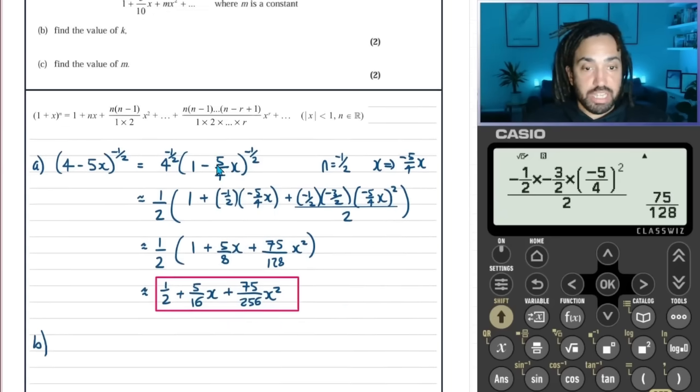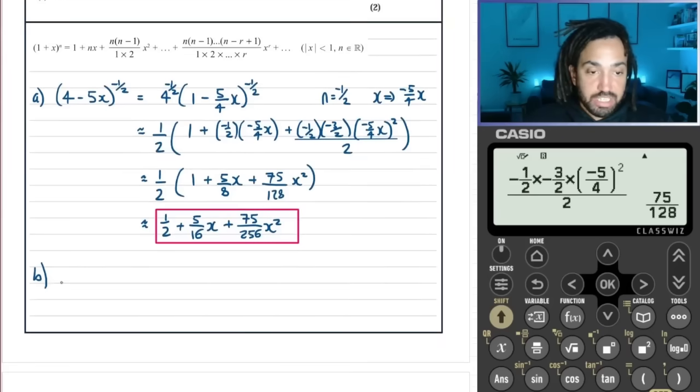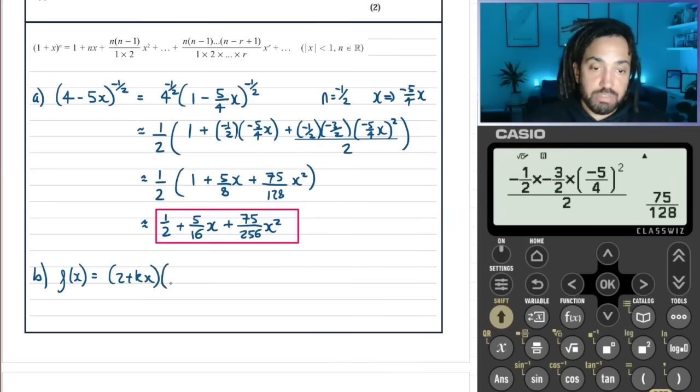So let's get that set up, and let's say that f of x is equal to 2 plus kx times by our expansion, like so. Okay, and then let's see what they're asking us to do after that.